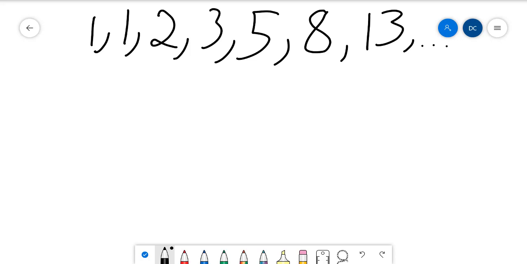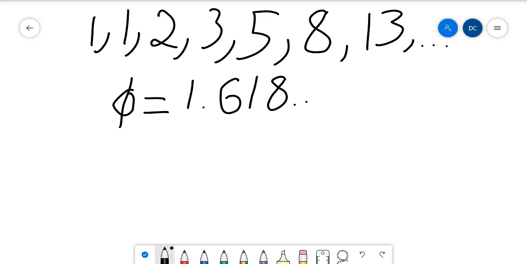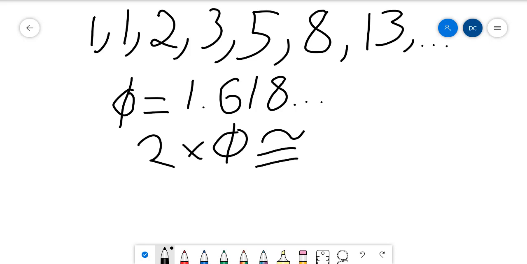So, applying some mathematical analysis, we know that the ratio between every two consecutive numbers of Fibonacci is 1.618 and so on. We know that that is the ratio. It's an approximate value. If we make 2 times phi, we're going to get very close to 3. Not exactly, but very close.